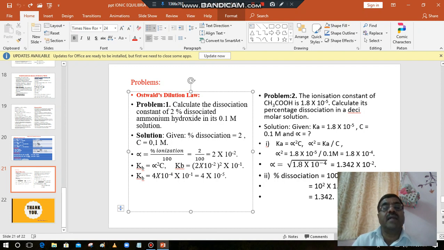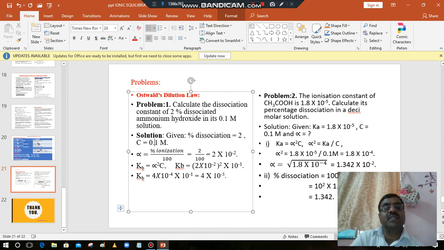that is Kb, and the given values are percent dissociation 2 and concentration 0.1 M. Given percent dissociation 2 and concentration 0.1 molar concentration.